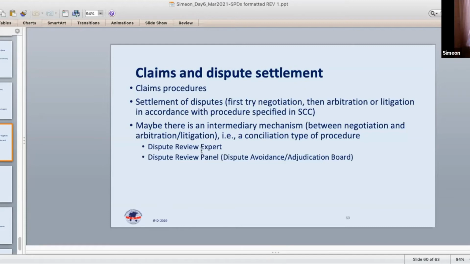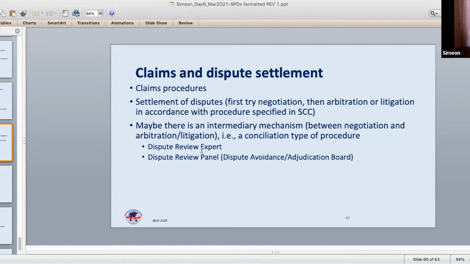These are third parties that are identified and designated by the parties for the purposes of, number one, trying to prevent disputes. That's why it's called dispute avoidance.